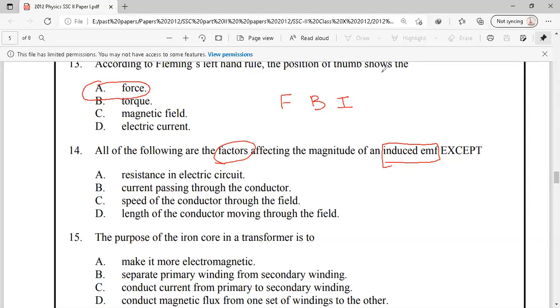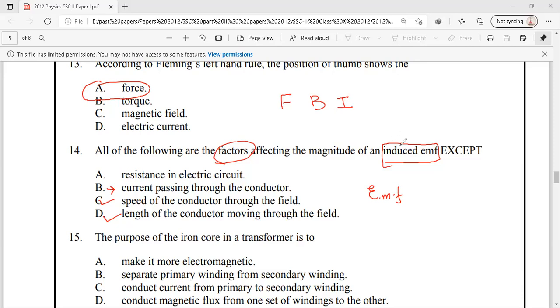So as we have studied in that process, the magnitude of induced EMF is directly proportional to the speed of the conductor through the field. Similarly, the greater the length of the conductor, the greater will be the magnitude of induced EMF. So these two are the factors. So if we see option B, the current passing through the conductor.